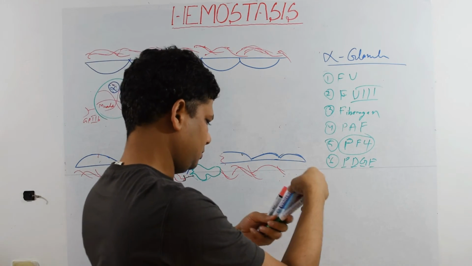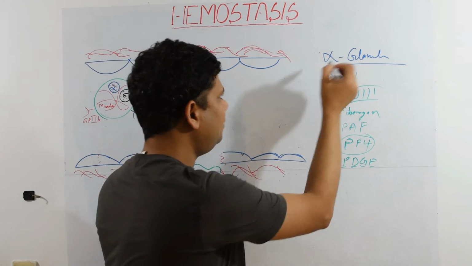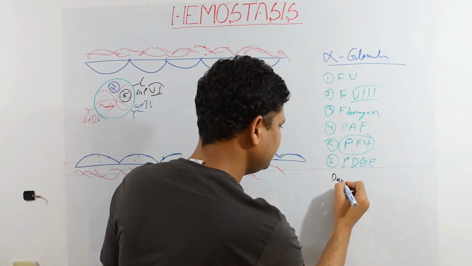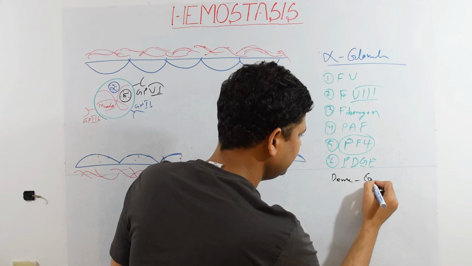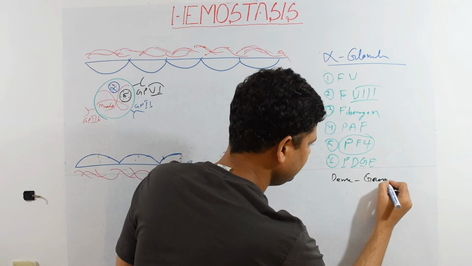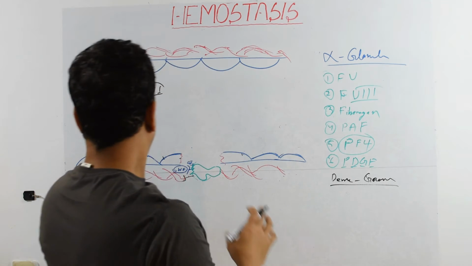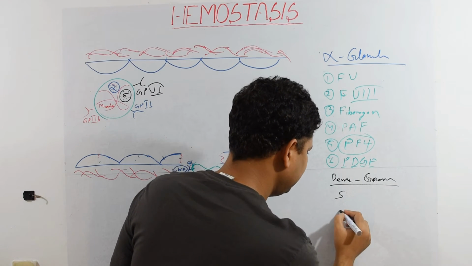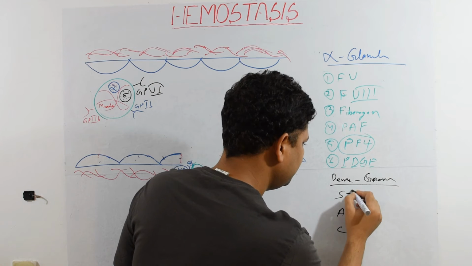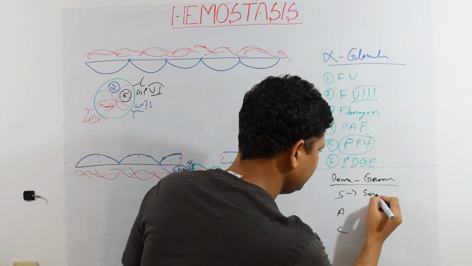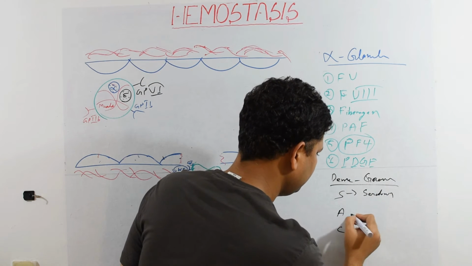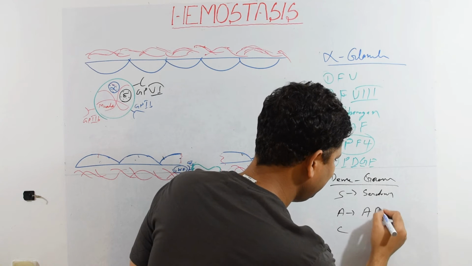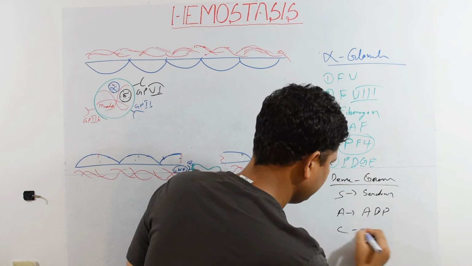And what does the delta granule or dense granule contain? Dense granules have mainly three things: S, A, C: serotonin, ADP, calcium.